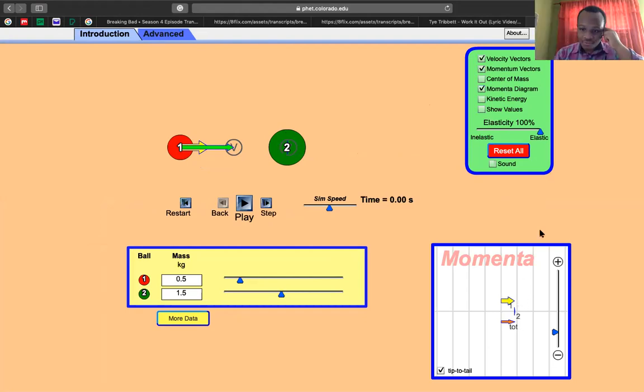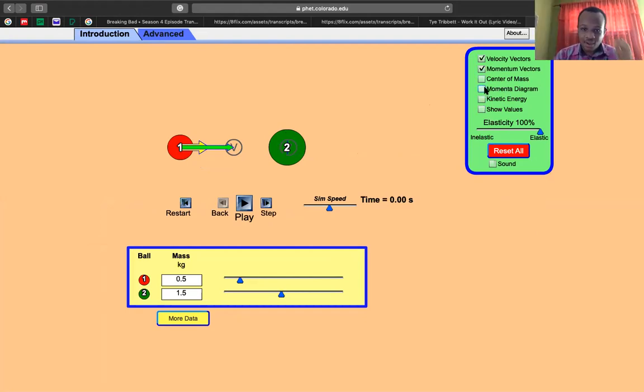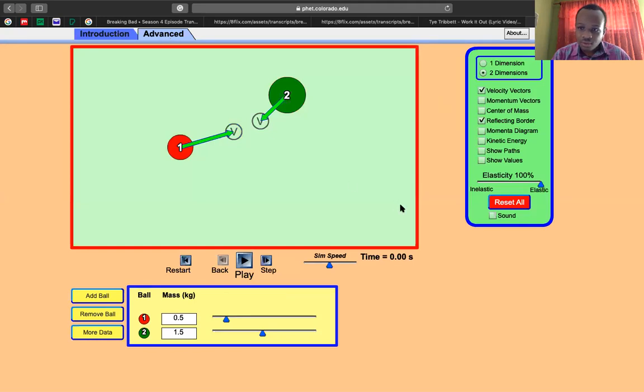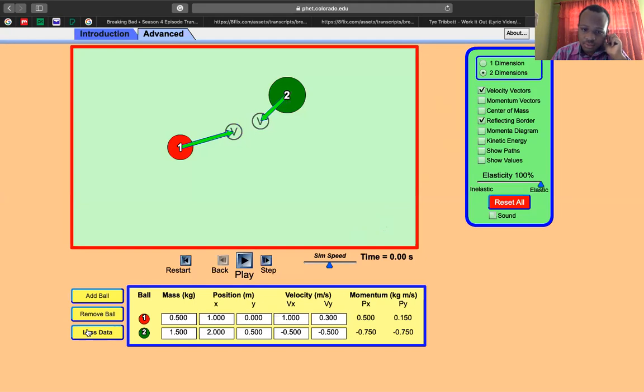We have our mass 0.5. I don't know why it's not showing me the values. I wanted it to show me the values. It's not showing me more data.